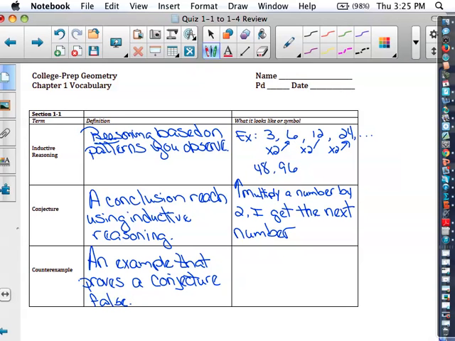Okay, an example of that might be if you have the statement, all cars have 4 seats. My counterexample to that would be a BMW Z4, which only has 2 seats. Okay, so that's my counterexample.